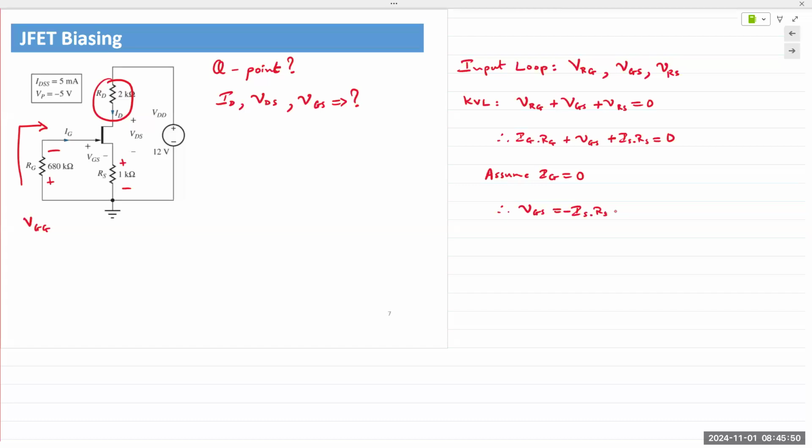Also, we just looked at the device operation. We have electrons flowing from source to drain, and we have current flowing between source and drain. So what is the relationship between the source current and the drain current? Exactly. They are the same. So the drain current and the source current are the same.